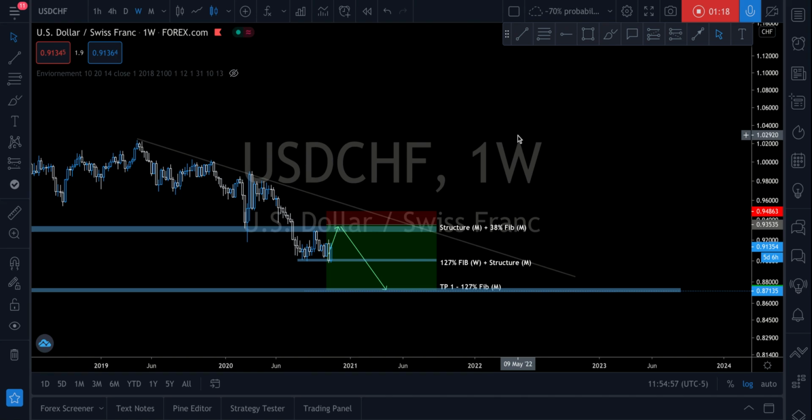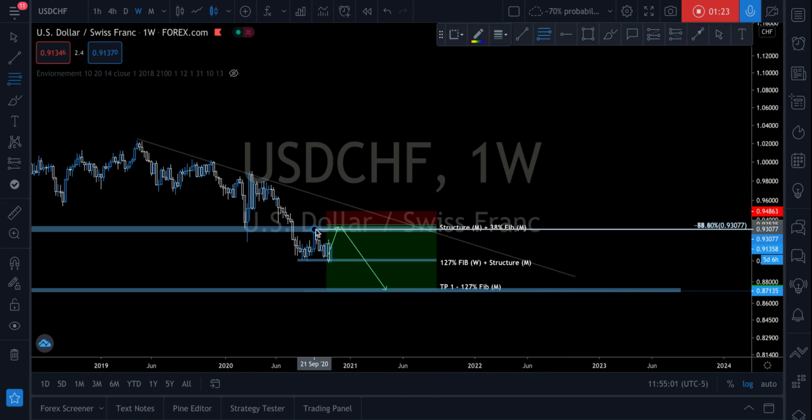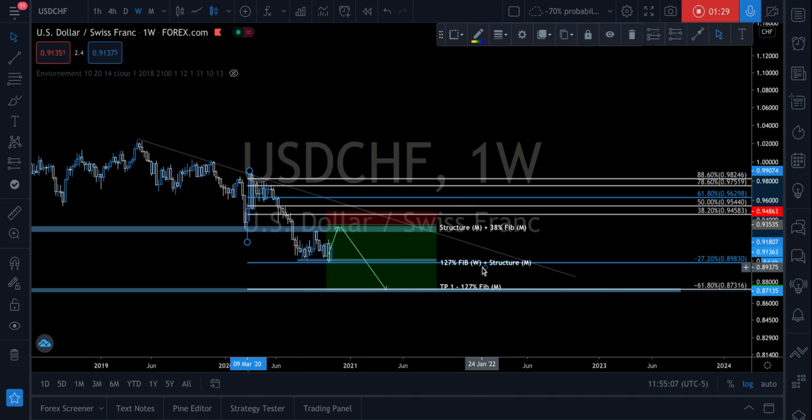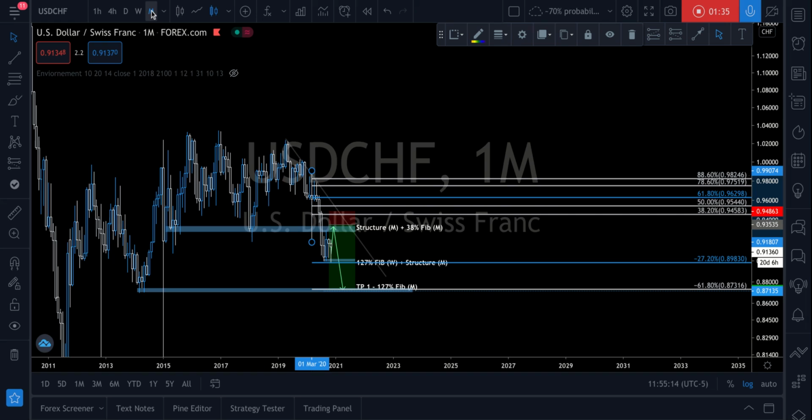And on the weekly leg, right here, this was the 127 extension of the weekly leg, considered to be the monthly as well.